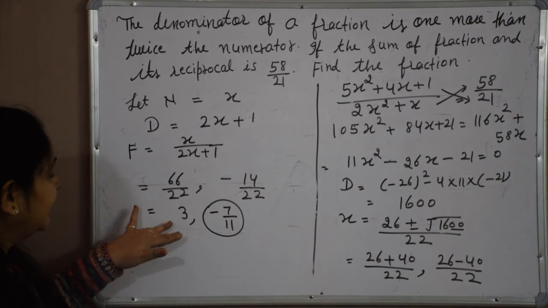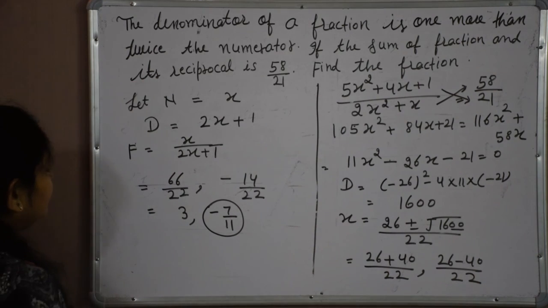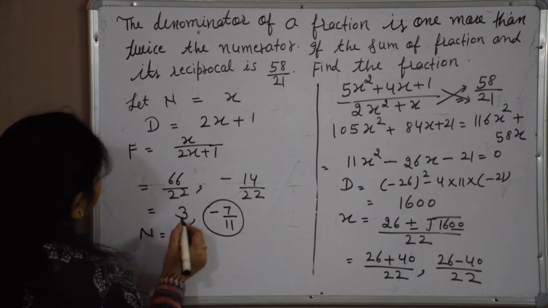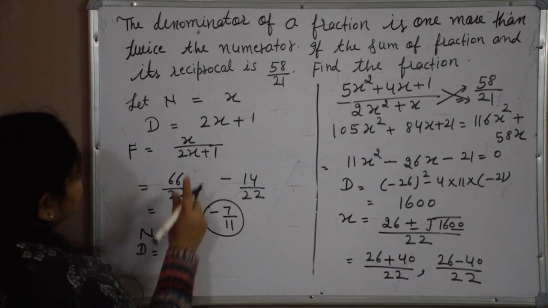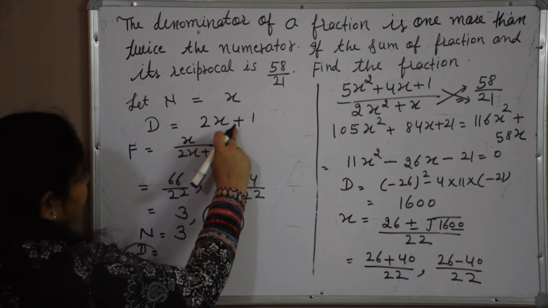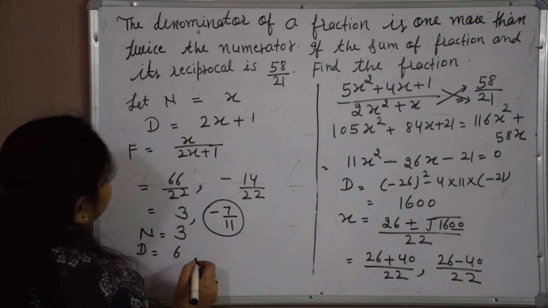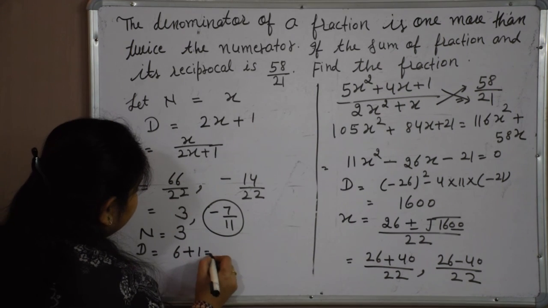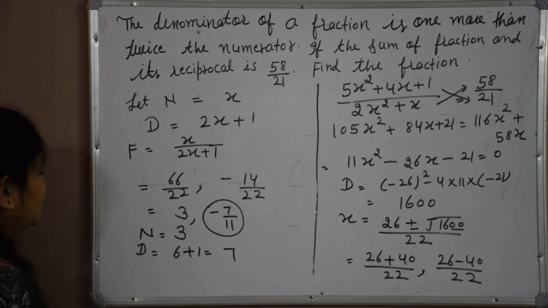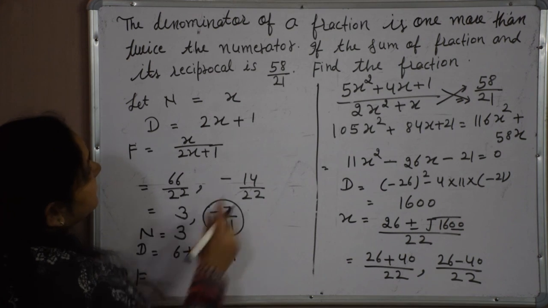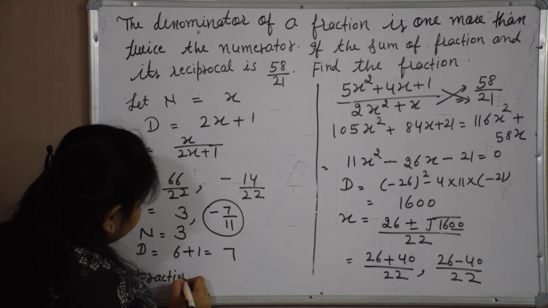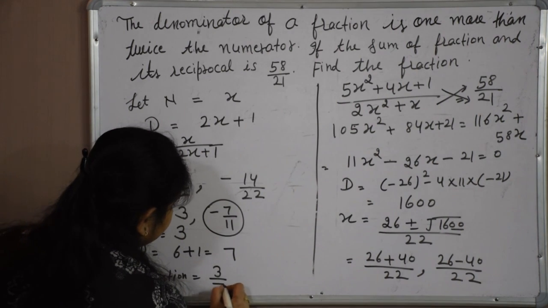We have to find x and then we will find the fraction. So our numerator in this case is equal to 3 and our denominator is 2 times 3, which is 6, plus 1, equal to 7. So they are asking to find the fraction. The fraction will become 3 by 7.